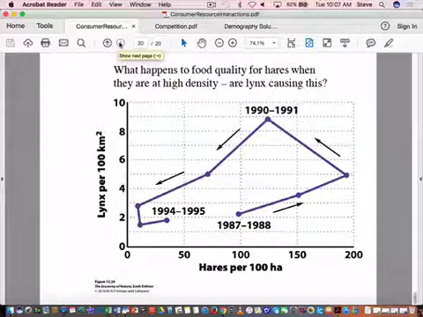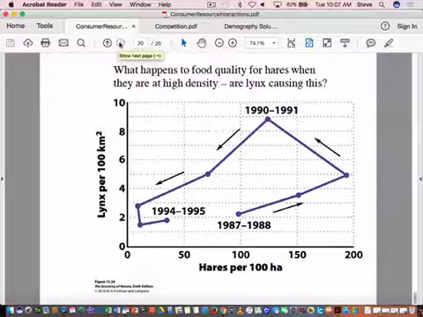As these hares increase in numbers, they decrease their food availability, and they die. And what happens to lynxes? They die, right? And so the question is, what's really the primary driver of these oscillations?